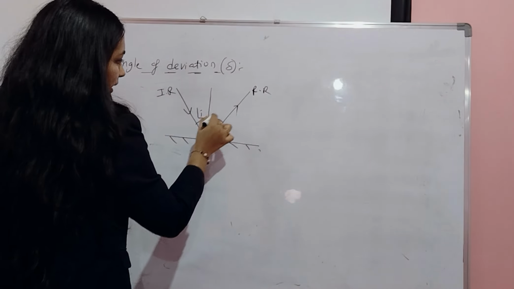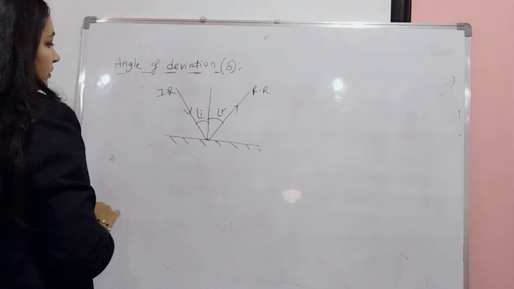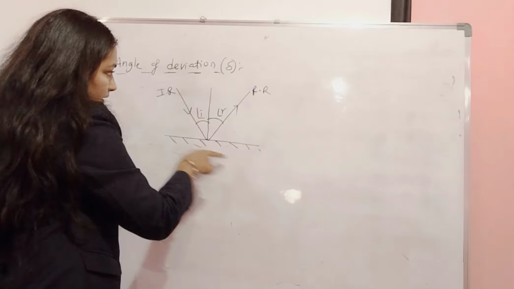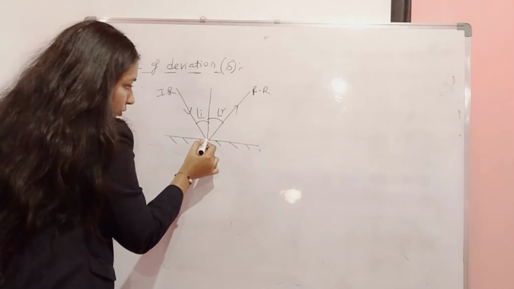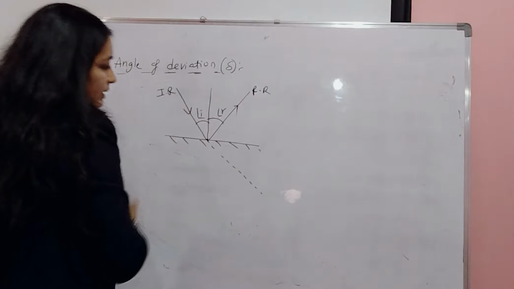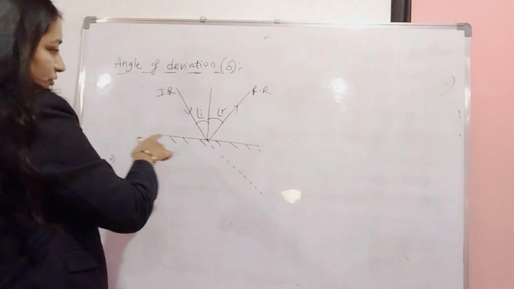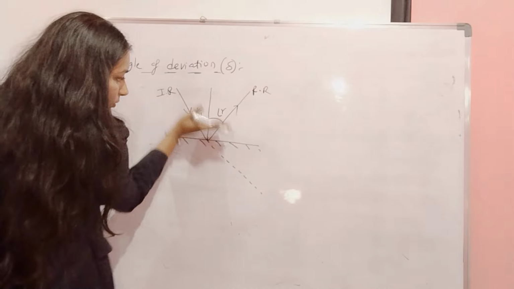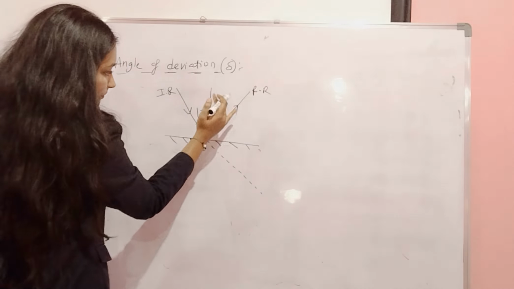So this is the angle of reflection. Now if there is no mirror, the incident ray should go along the straight line, right? Because of this mirror, the incident ray is turning back. Is it clear?